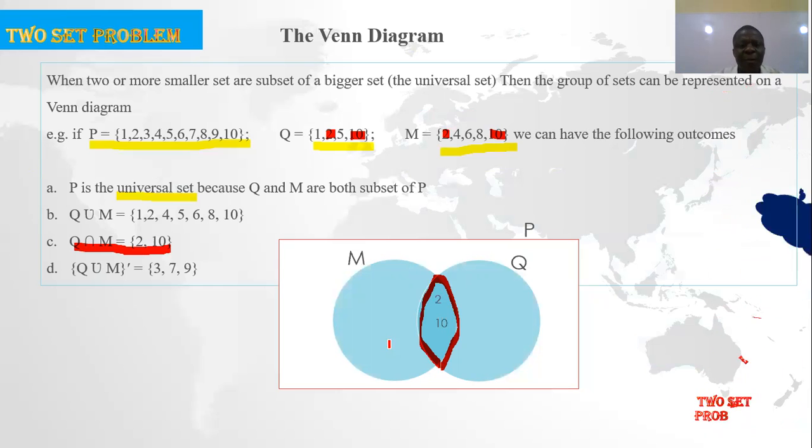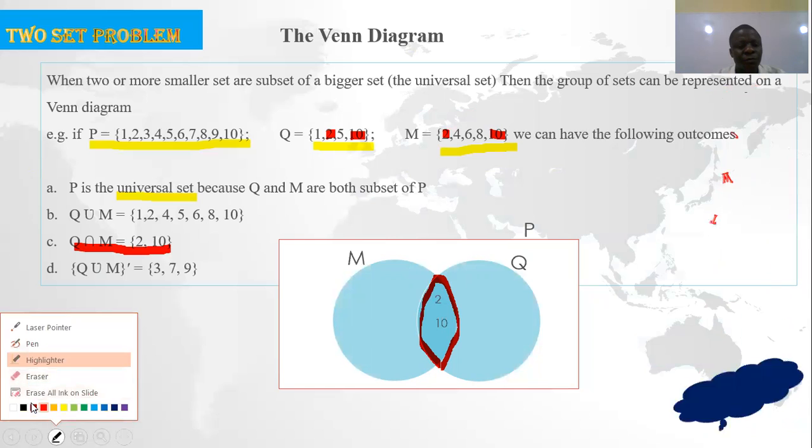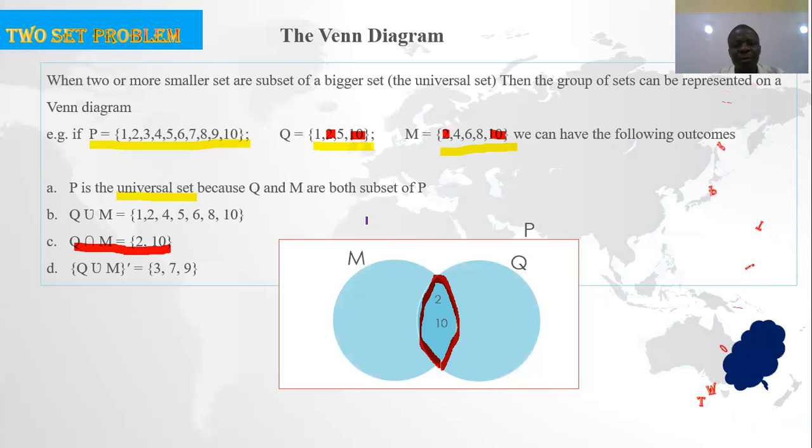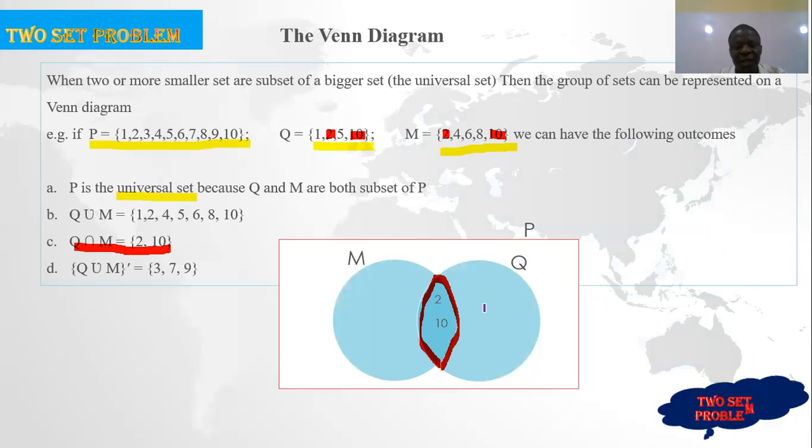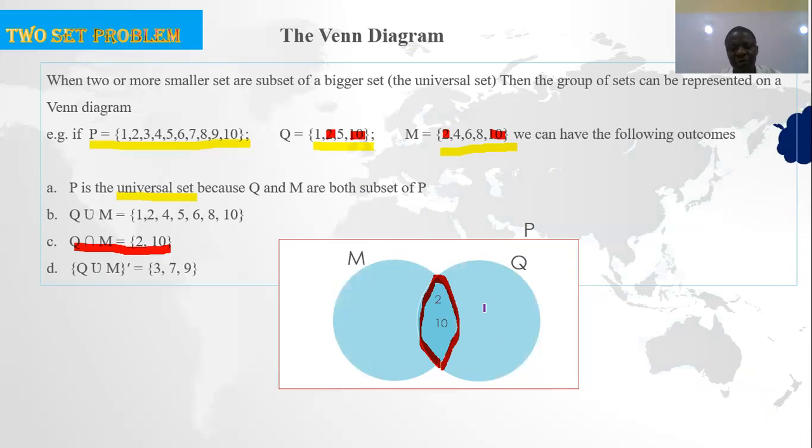Then the other members of Q and M who are not part of the intersection, or the region in the red bracket, will occupy respectively the remaining regions to the left and the right. So if you take Q, we have 1 and 5.